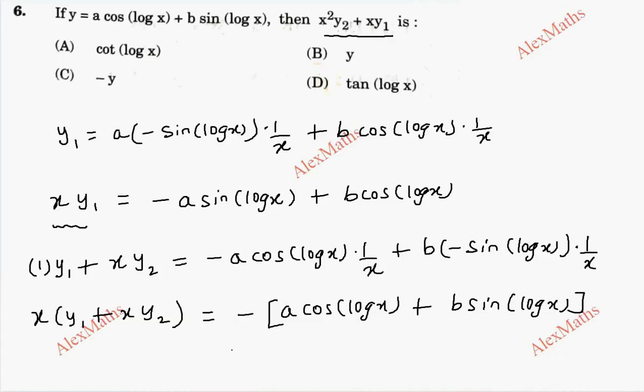Now this is actually from the question, it is y and we have minus y here, and this after multiplication x y1 plus x square y2. So they are asking x square y2 plus x y1, which is here, and that is actually minus y. So the option C is correct.